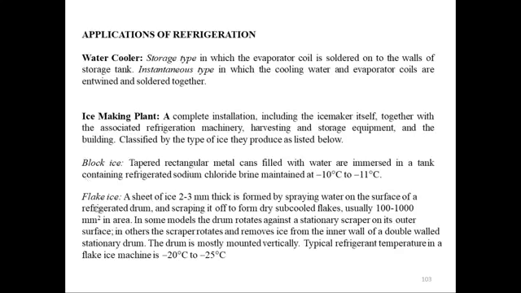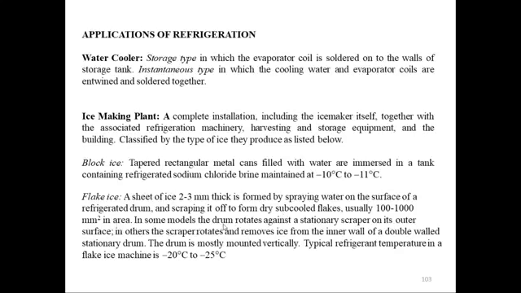Flake ice, this is what we call edible ice, okay. A sheet of ice 2 to 3 millimeters thick is formed by spraying water on the surface of a refrigerated drum and scraping it off to form dry subcooled flakes, usually 100 to 1000 square millimeters in area.